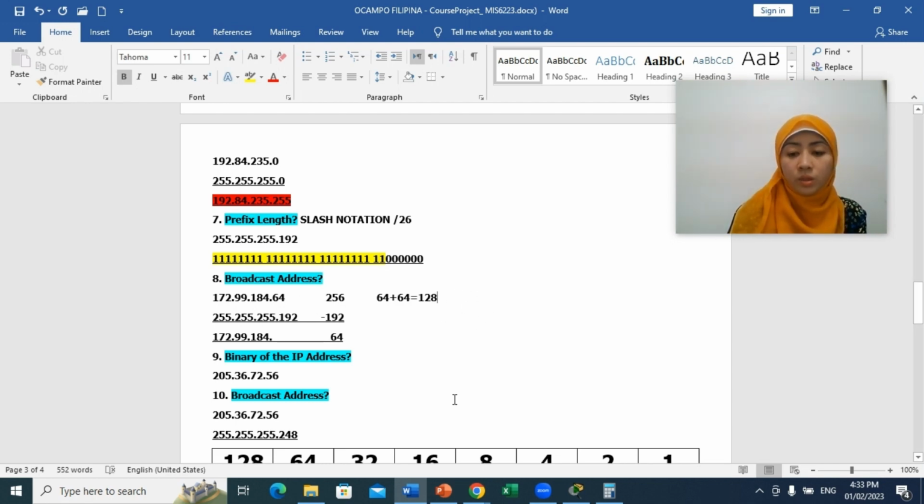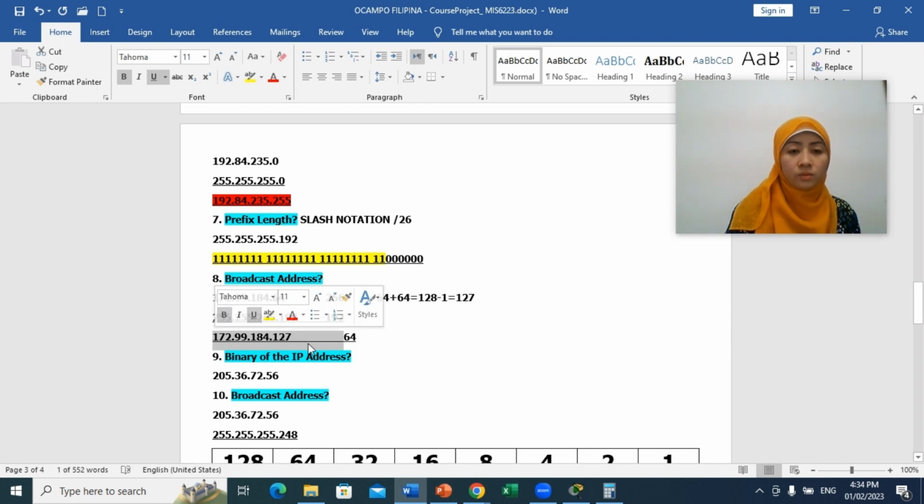So what we will do is we will minus 1: 128 minus 1 is equal to 127. So the broadcast address is 172.99.184.127. So this is the broadcast IP address, highlighted with red.